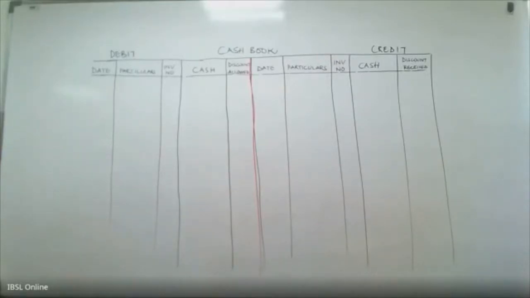Now, checks, of course, all of you might know, is a document that you will make use of. So, where do you get this check? Checks are involved when you have a bank account.